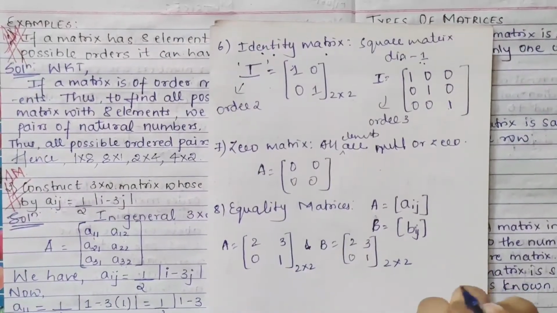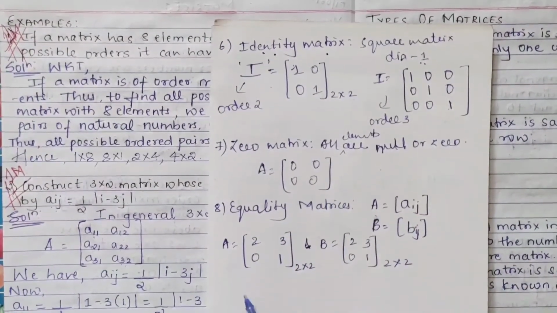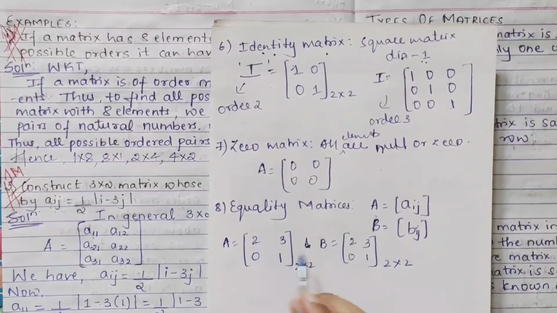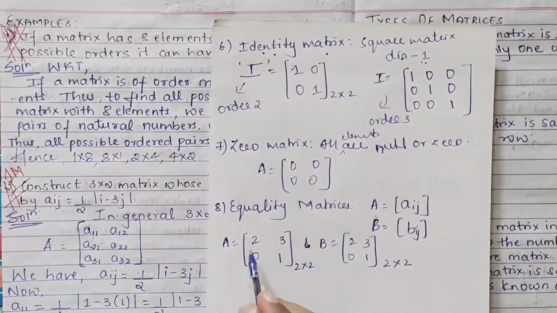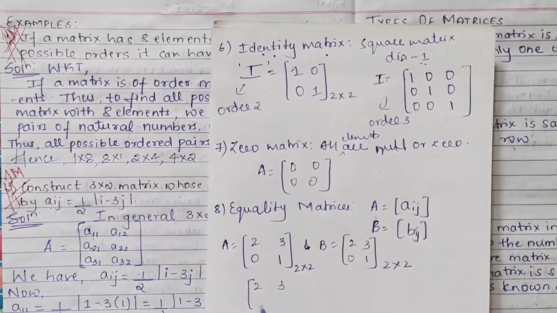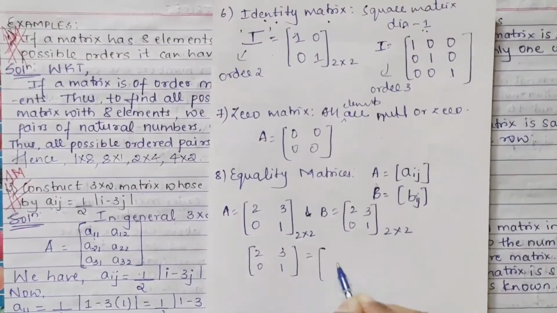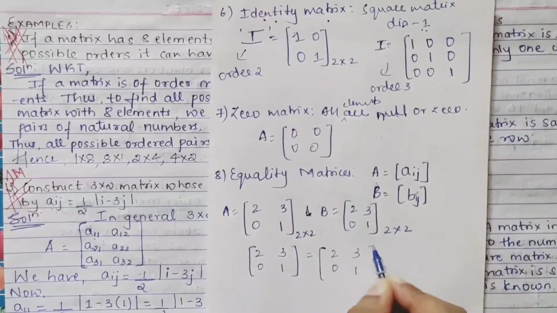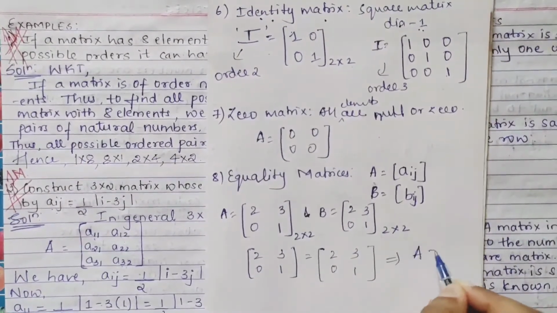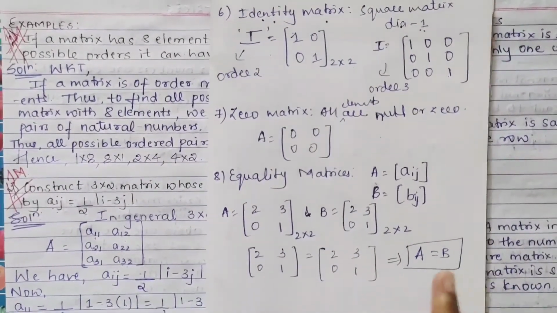We call them equal when corresponding elements of both the matrices are equal. In short, if your A is equal to B, they are called equal matrices.